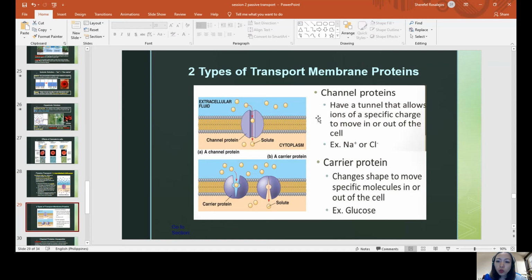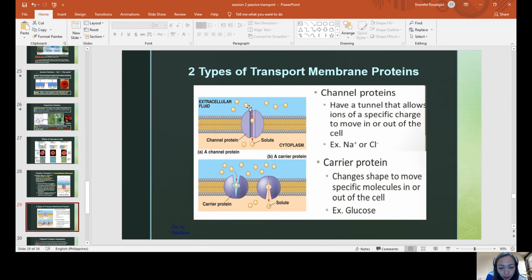When we say specific, it means it will only allow certain molecules to pass through. Channel proteins look like a channel. That is why they are called channel proteins, because they are made of protein embedded into the cell membrane. Channel protein is very specific.